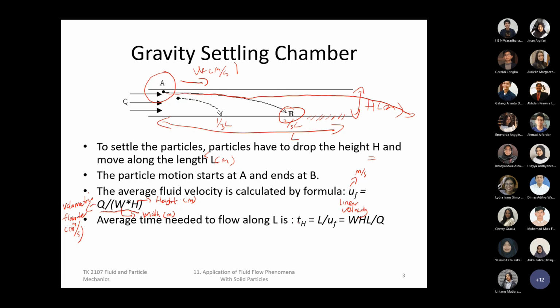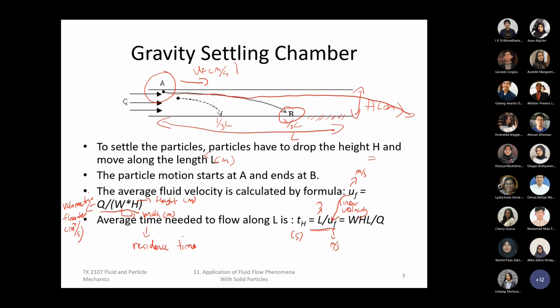And the average time needed to flow along L is L per UF. That should also be quite straightforward. L is meter, UF is meter per second, and you just calculate from here. This can sometimes also be called the residence time: how long the particles remain inside of the chamber.